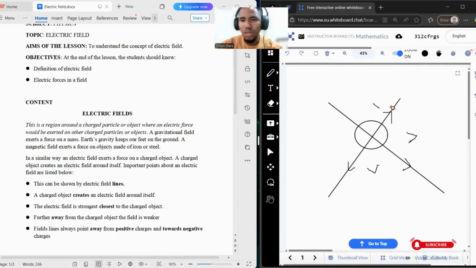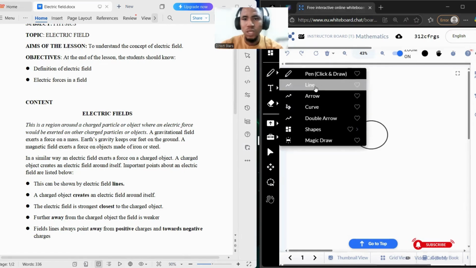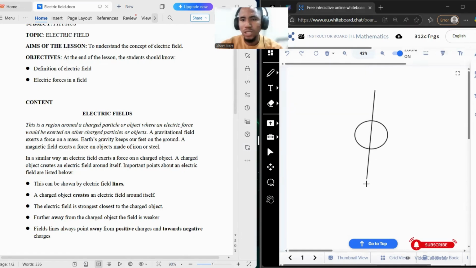Towards the charge means it's going into the charged object, just like this.